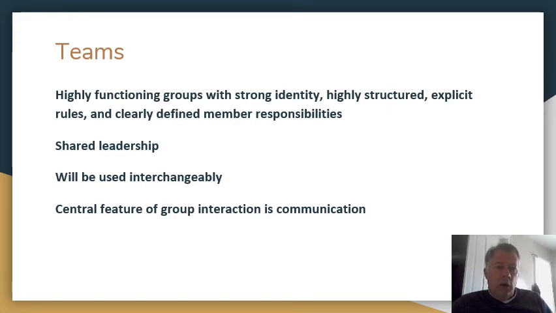This is something that came up in the intro course. Remember that the definitions differed slightly between groups and teams. I don't think we really need to hold on to that distinction. Probably what we're going to be focusing on more in this class are what the research literature calls teams.